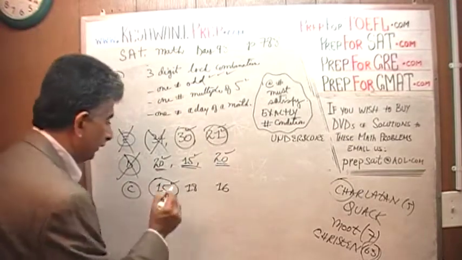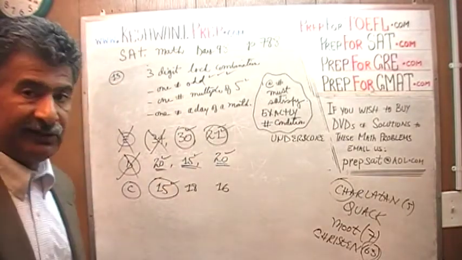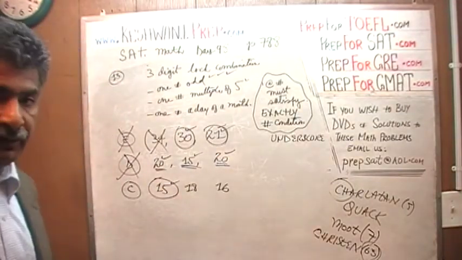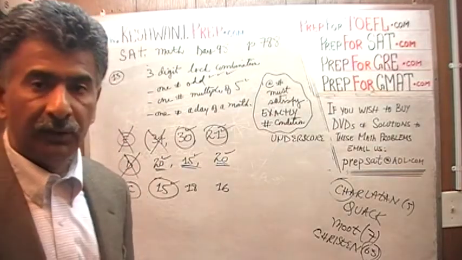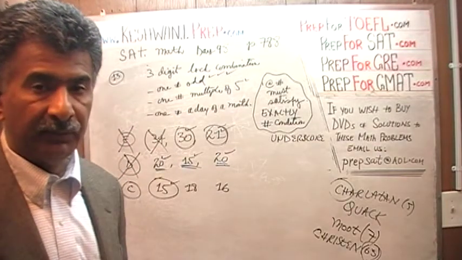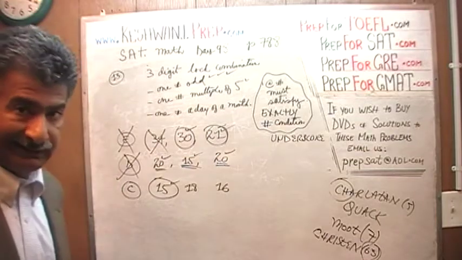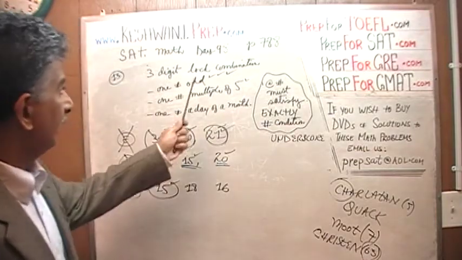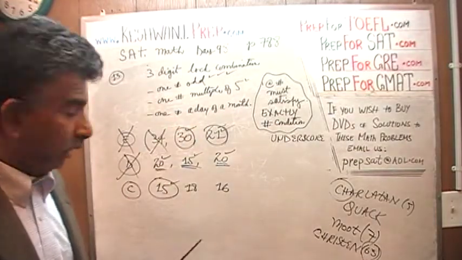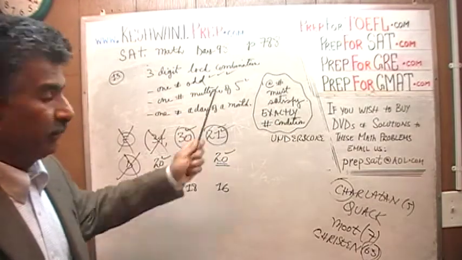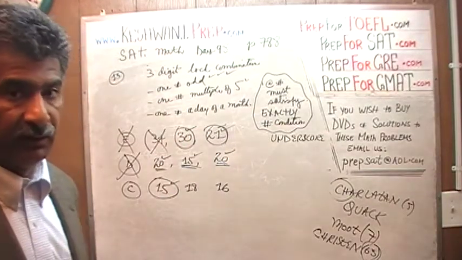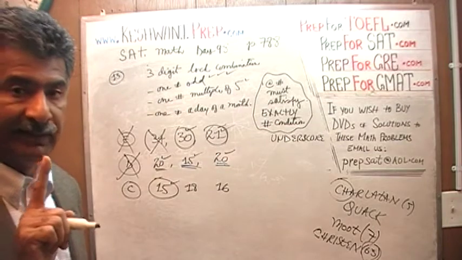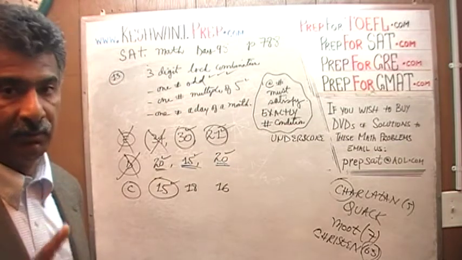Since 15 is the only number that appears in this triplet which is a multiple of 5 and an odd number, we can either use up this 15 as an odd number, or we can use up this 15 as a multiple of 5, but we cannot use 15 both as an odd number and as a multiple of 5.